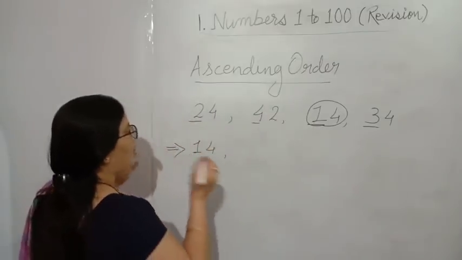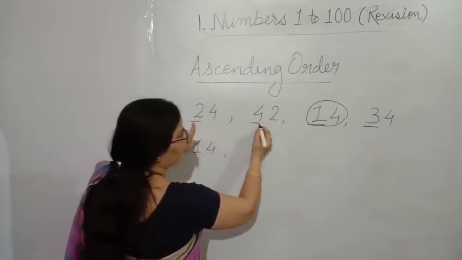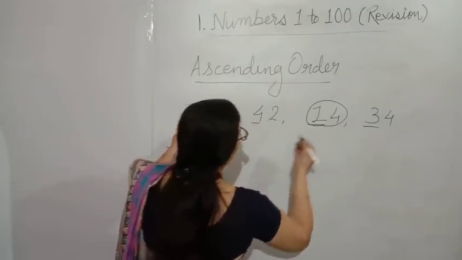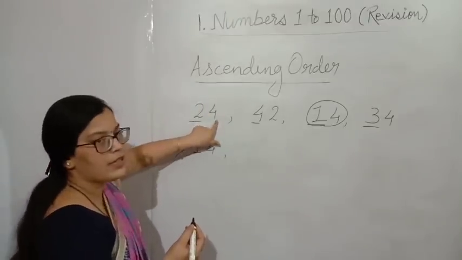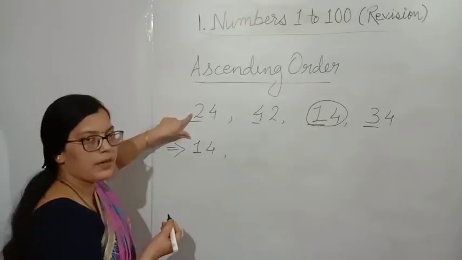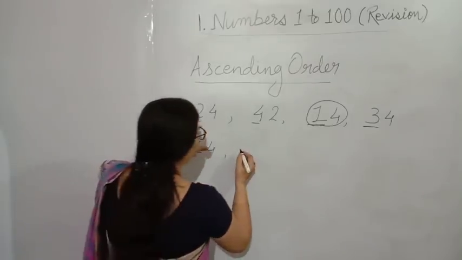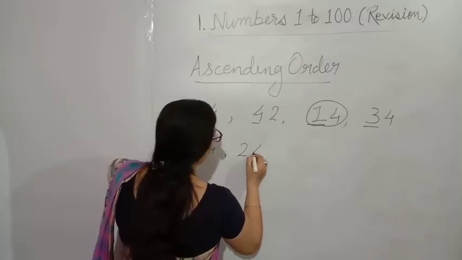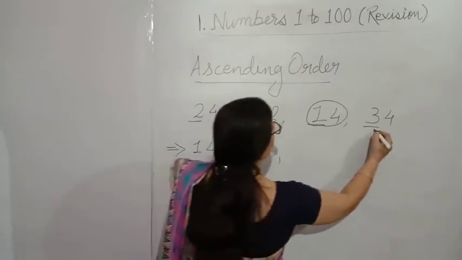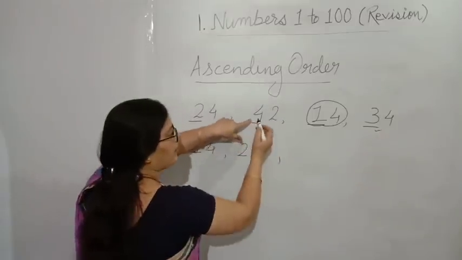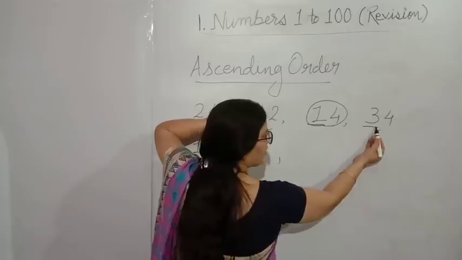Now after 14, compare again 2, 4 and 3. Which one is the smallest? Yes, it is 24, with 2 at the tens place. So 24 is the smallest among these 3 numbers. Now 24 is written and these 2 numbers are left. Compare them. Here 4 is at the tens place and here 3 is at the tens place.